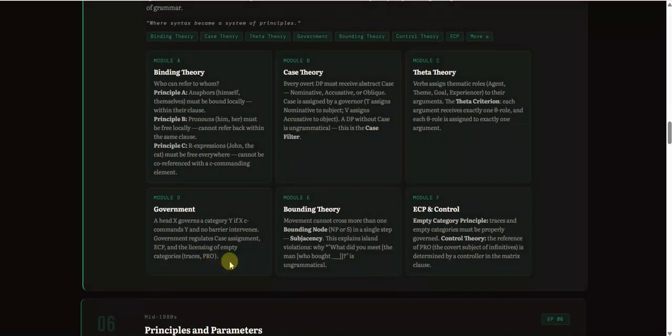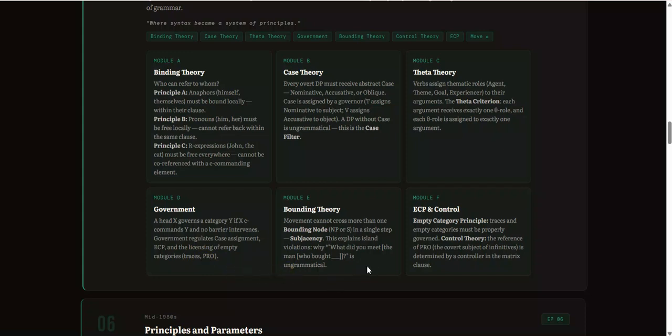Then module D, government. A head X governs a category Y if X c-commands Y and no barrier intervenes. Government regulates case assignment, the ECP, and the licensing of empty categories, trace and pro. We have discussed trace and pro in our video.